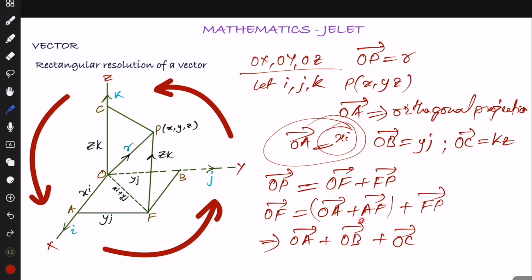In place of vector AF, we can write vector OB. Similarly, where is FP? Here we have FP. Vector FP is equivalent to vector OC, since it is parallel, so we can replace vector FP with vector OC.